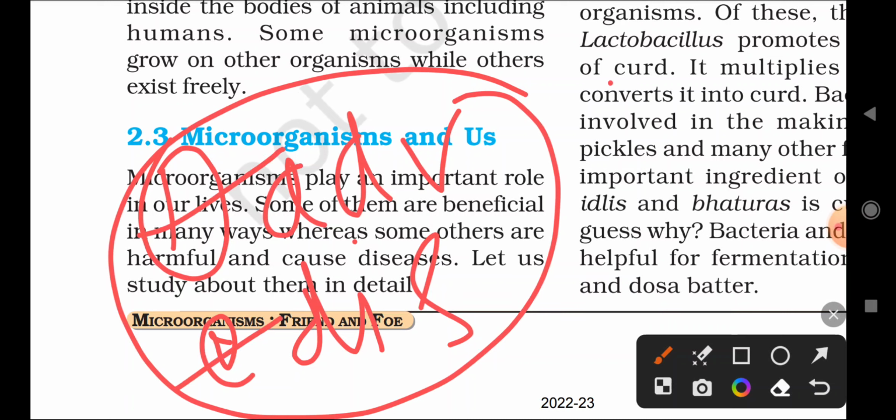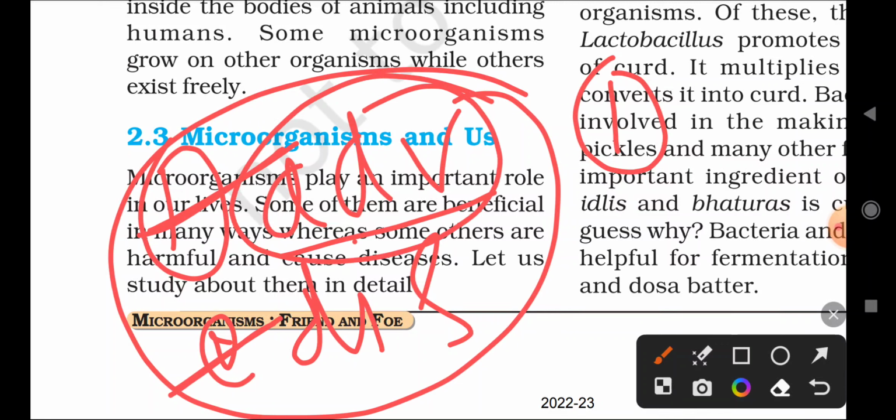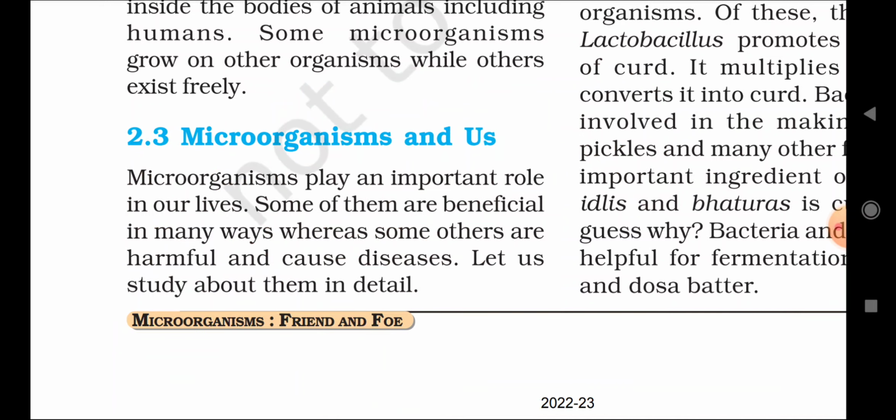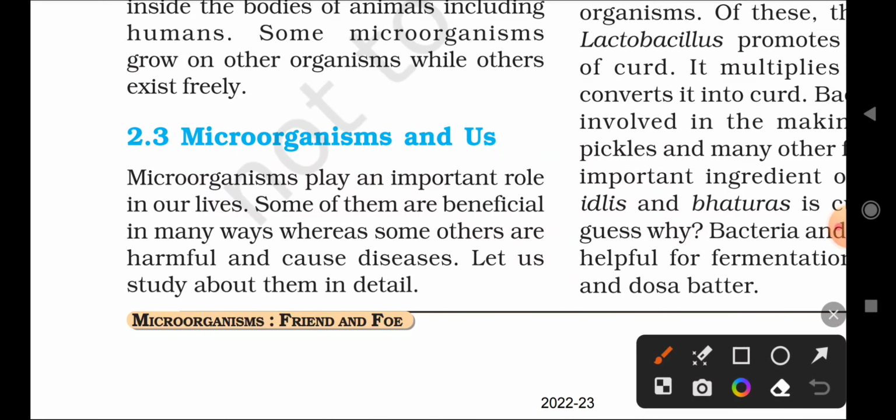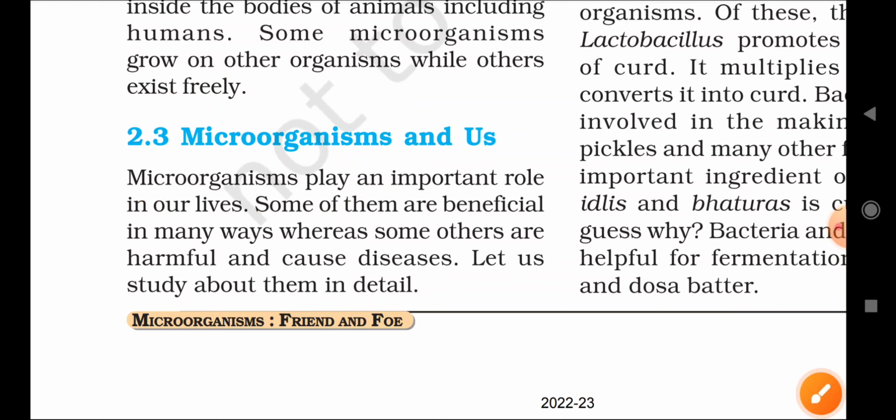For example, your mobile phone has advantages and also disadvantages. If you use it for a good cause, it will be an advantage. If you use it for bad, it becomes a disadvantage. Like that only. So microorganisms are sometimes, or a lot of the time, very helpful, and sometimes very dangerous also, right? How they are good and how they are bad, we'll discuss here.